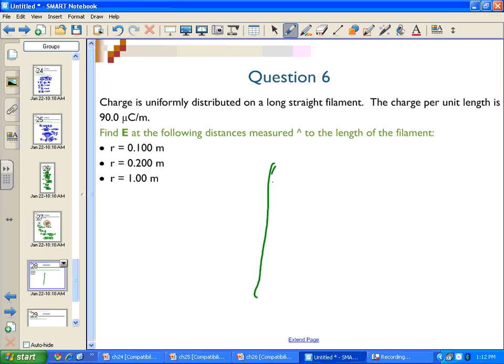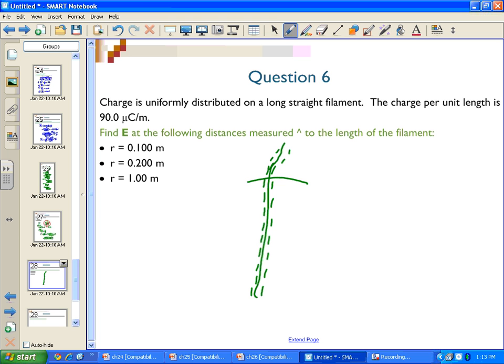So this line has negative charge throughout, and we want to choose a Gaussian surface that matches the symmetry of our line. And of course, the negative is everywhere on the line. It's one-dimensional, so it has no radius itself, and it's very long. Therefore, we don't have to consider any fringing on the ends.